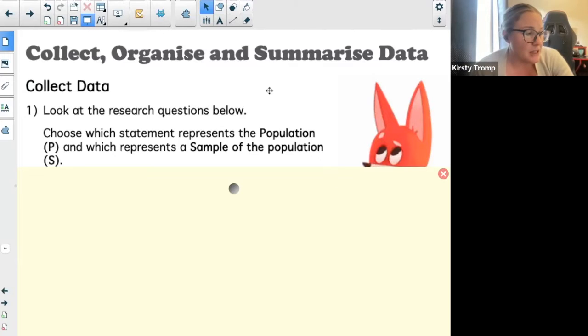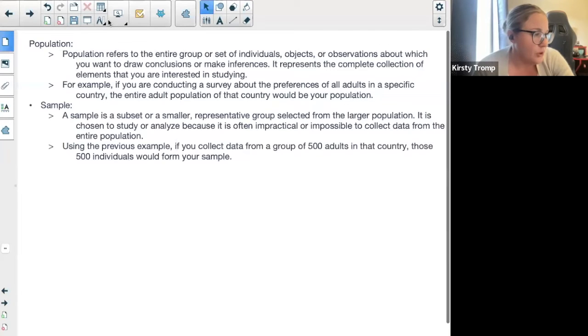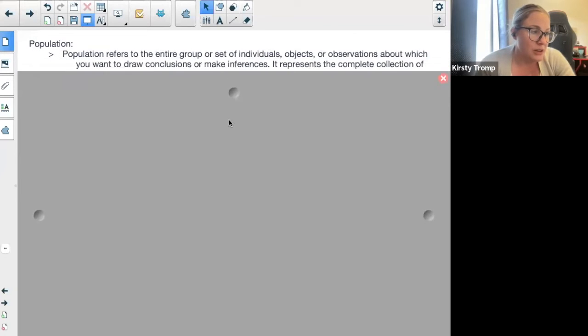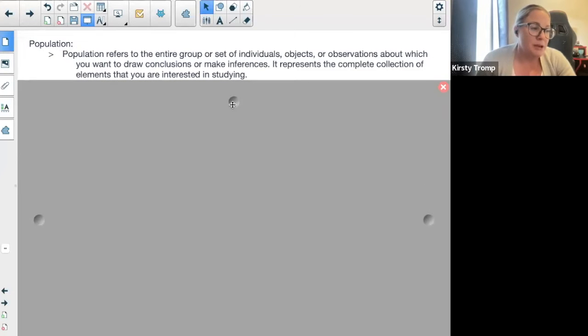Okay, let's go make ourselves some notes on these two terms. If we look at what a population is, it says a population refers to the entire group or set of individuals, objects, or observations about which you want to draw conclusions or make inferences.